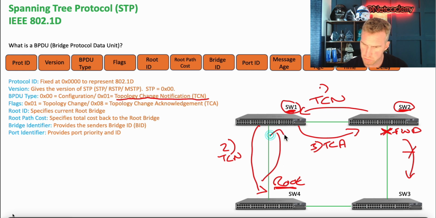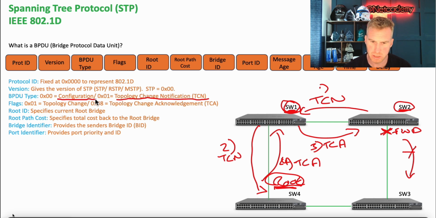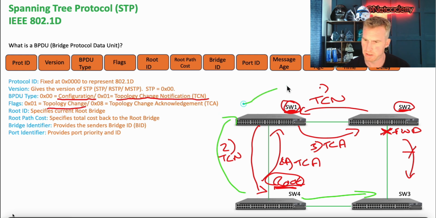It too will send back its own topology change acknowledgement to SW1 to say, yep, I got that as well. And then the root bridge, as I was just going through, will send out its new BPDU, which will be a configuration message with a topology change over to SW3, up to SW1, and across over to SW3, and that will be indicating that there is a topology change.